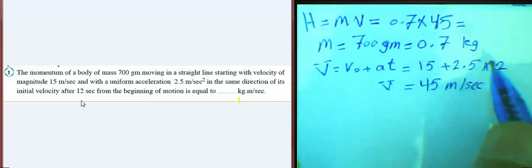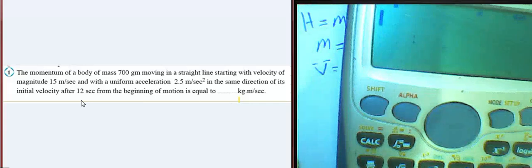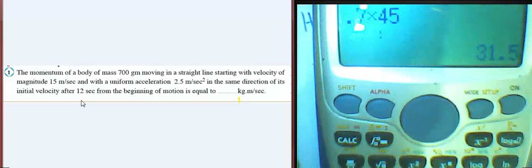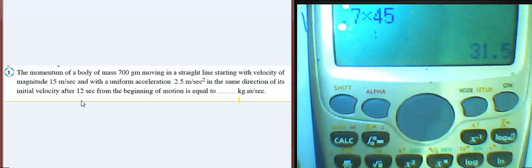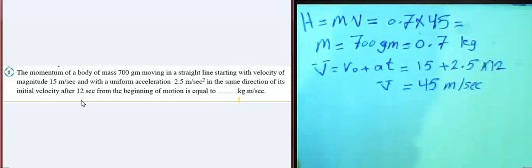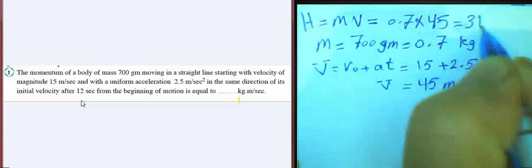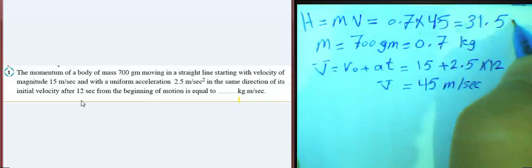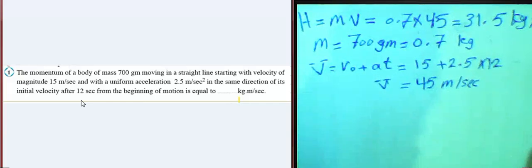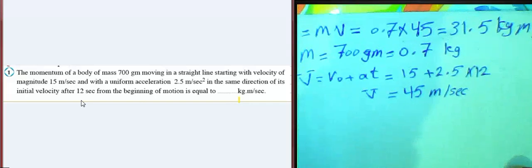Then the result, by using calculator, 0.7 multiplied by 45, will be 31 and a half kilogram meter per second. Okay, that was question number 1.